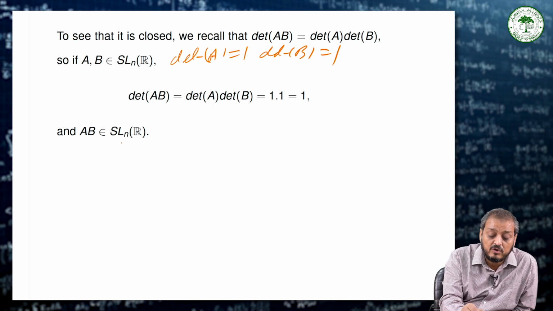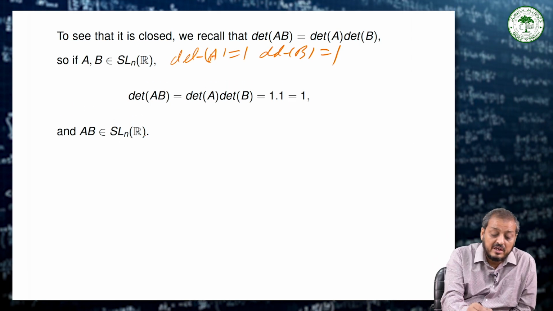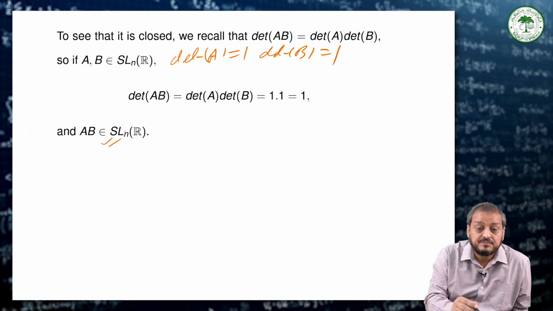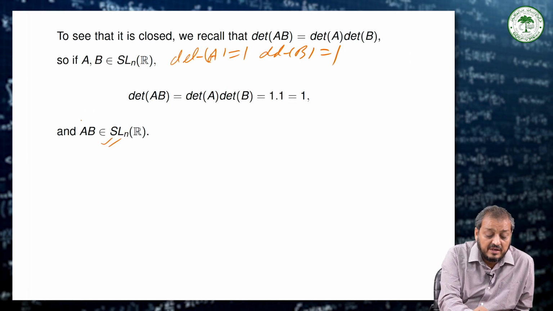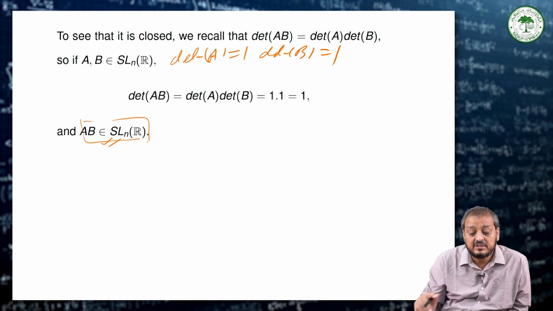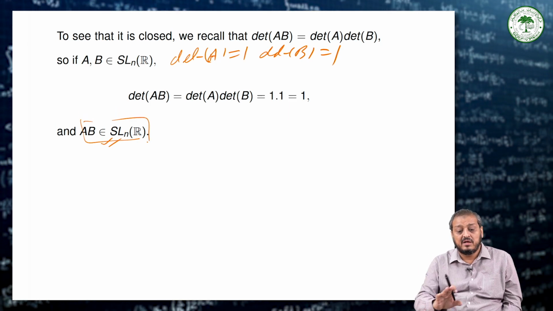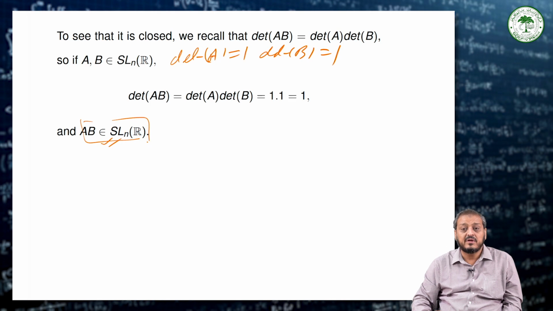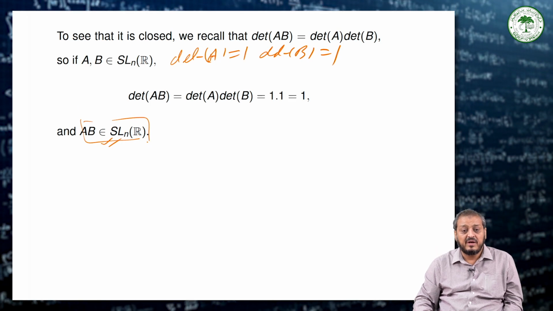That means AB is an element of SLnR, so it is closed under multiplication of these matrices.